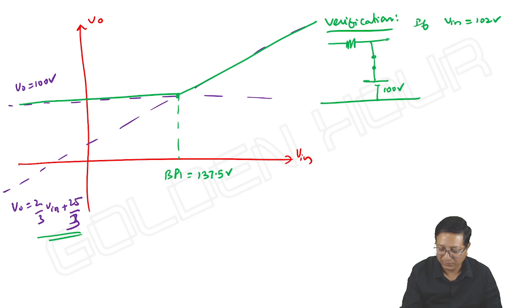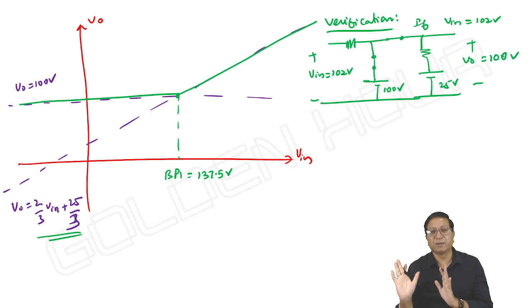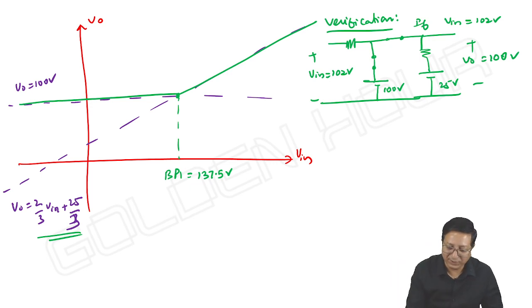100 volts, 25 volts, output is 100 volts, input 102 volts. You can take 102, right? Just below breakpoint. 100k, 200k.